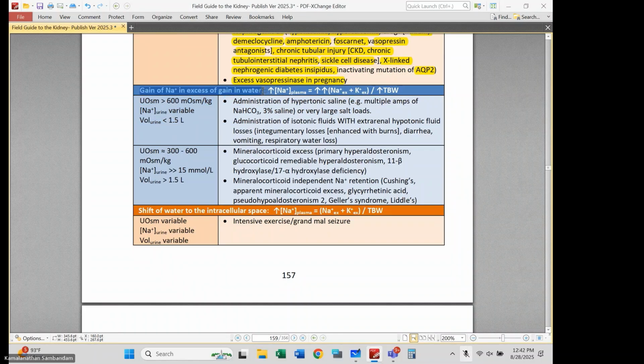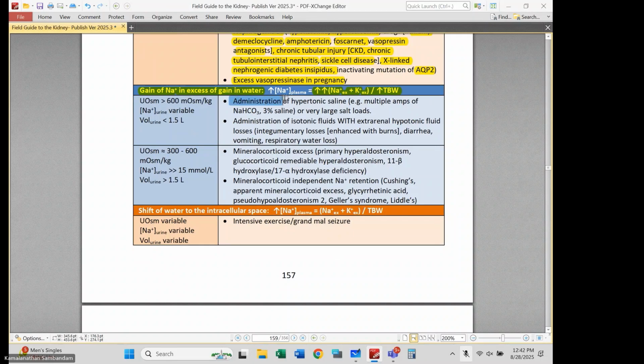All right, let's go through another category. These are patients who gain sodium in excess of water. So in Edelman's terms, the numerator has expanded beyond the denominator. So what would be examples of these?